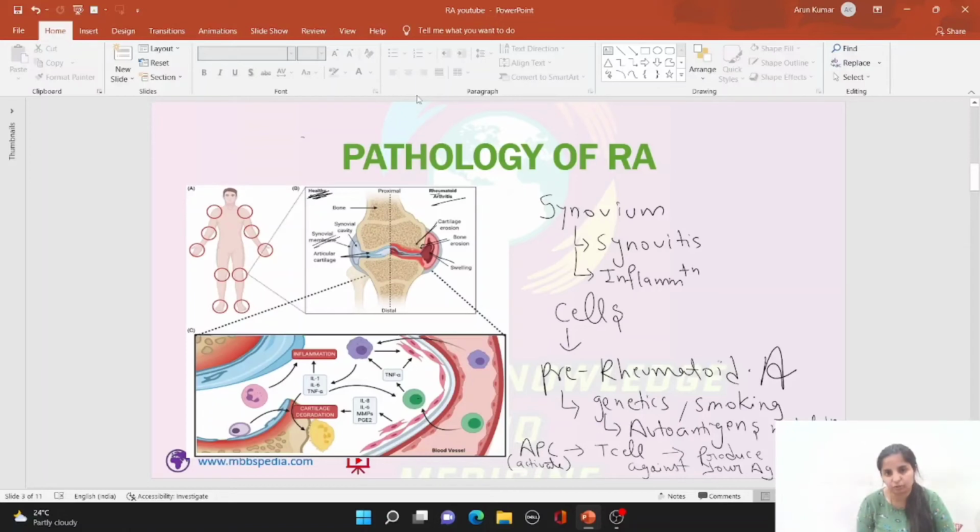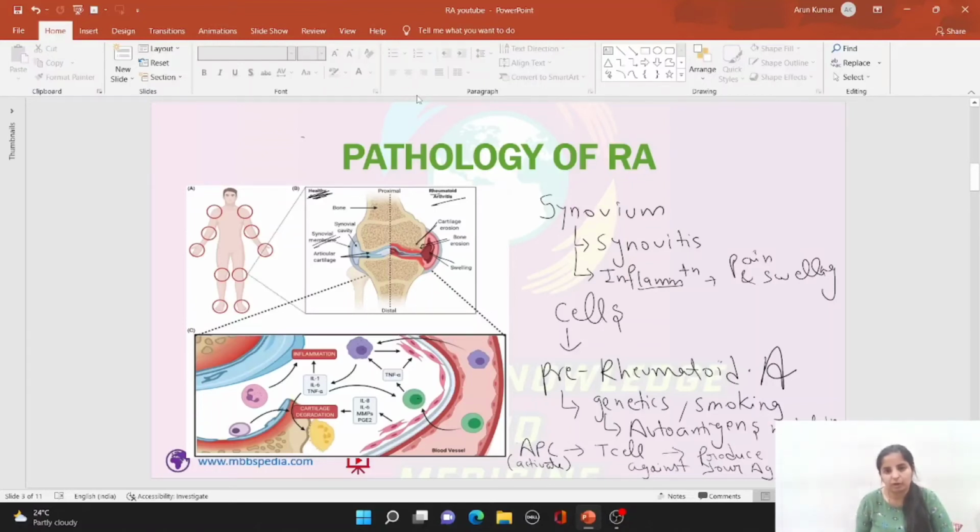The inflammation of synovium is known as synovitis, and as we all know, synovium is responsible for the production of synovial fluid, which helps in the lubrication. But now in rheumatoid arthritis, there is inflammation of this synovium, which will cause pain and swelling around synovial membrane. Then there will also be bone erosion.